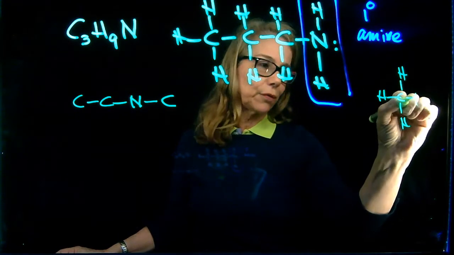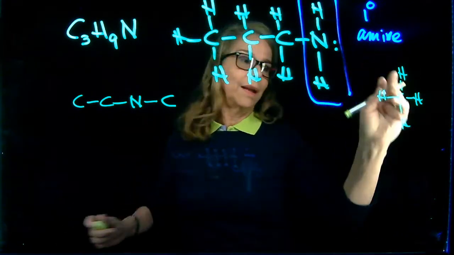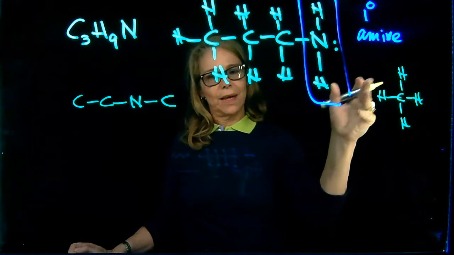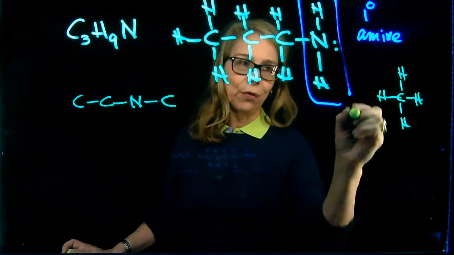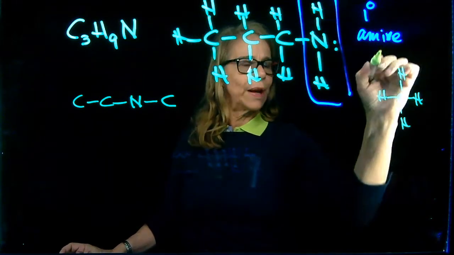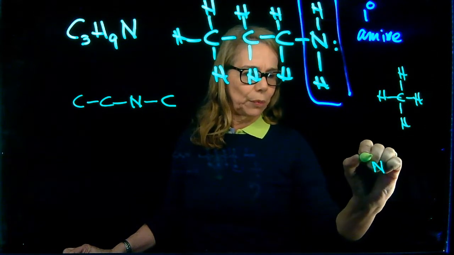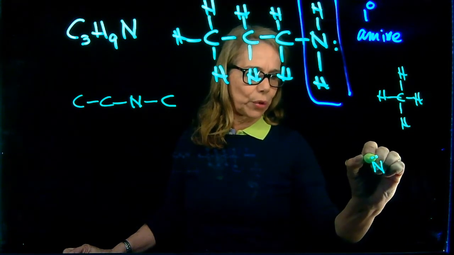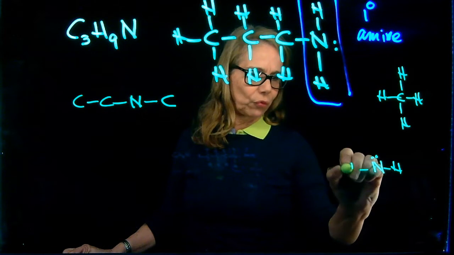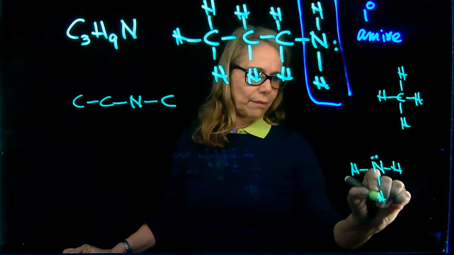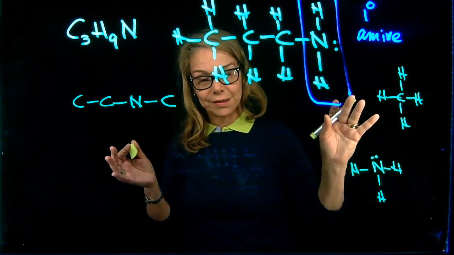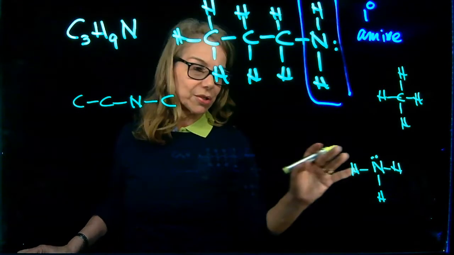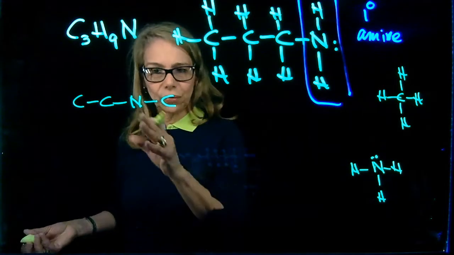And they can be 4 single bonds or 1 double and 2 singles, and so forth. A typical pattern for nitrogen would be, for example, in the case of ammonia, 3 bonds and 1 lone pair. This is for nitrogen with 0 formal charge. So that is a pattern. We're going to do that pattern here.